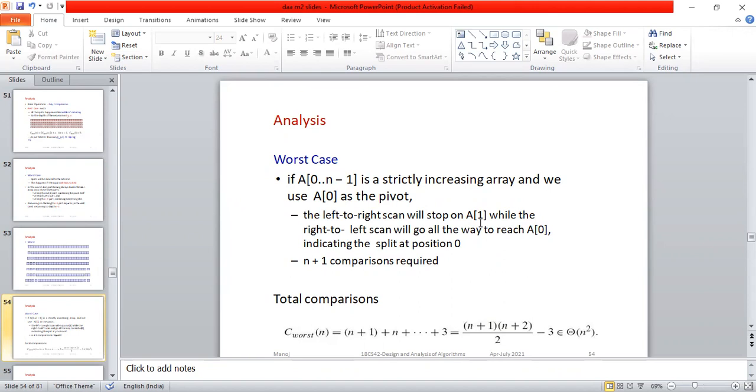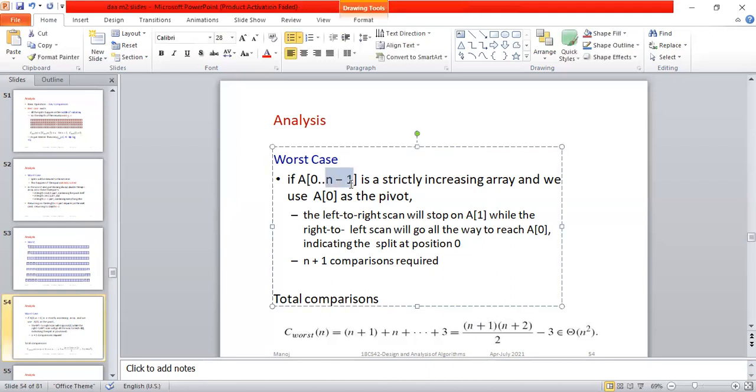It will not go to A of 2 because A of 1 is already greater than the pivot. So if it is in order, it is already sorted. The right to left scan will start at A of n minus 1 and reach A of 0, indicating the split at position 0.